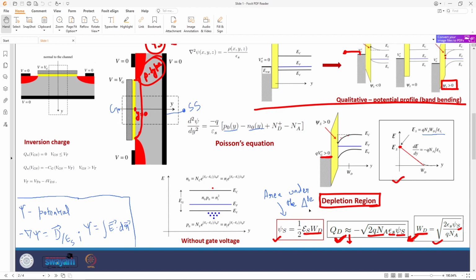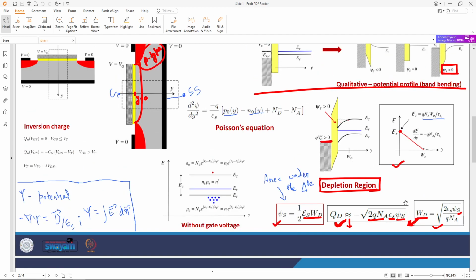First and foremost, the thing that we find out is the width of the depletion layer. This comes from the applied potential, the permittivity and the doping concentration. This defines the region in which inversion is going to occur. So we have WD first.